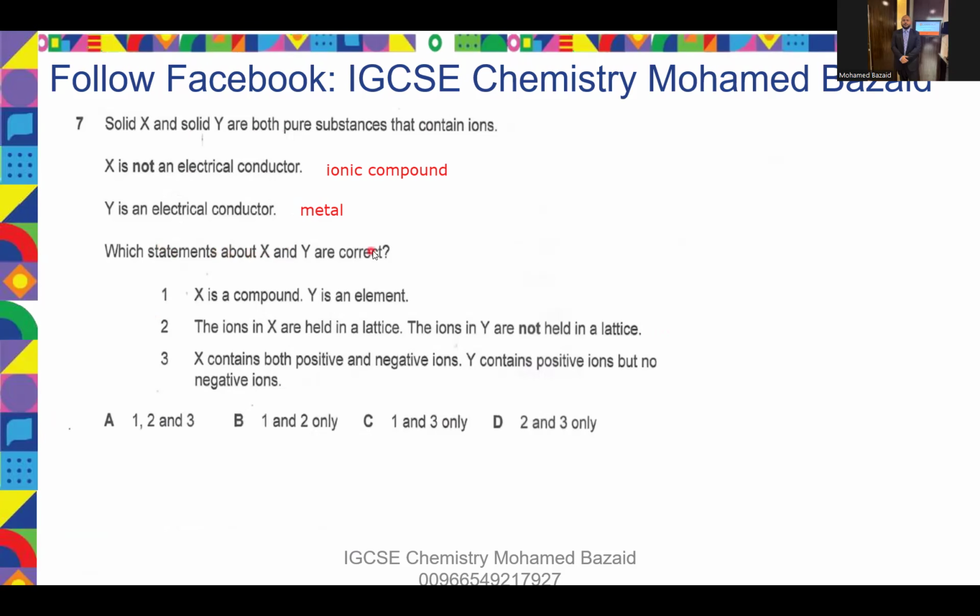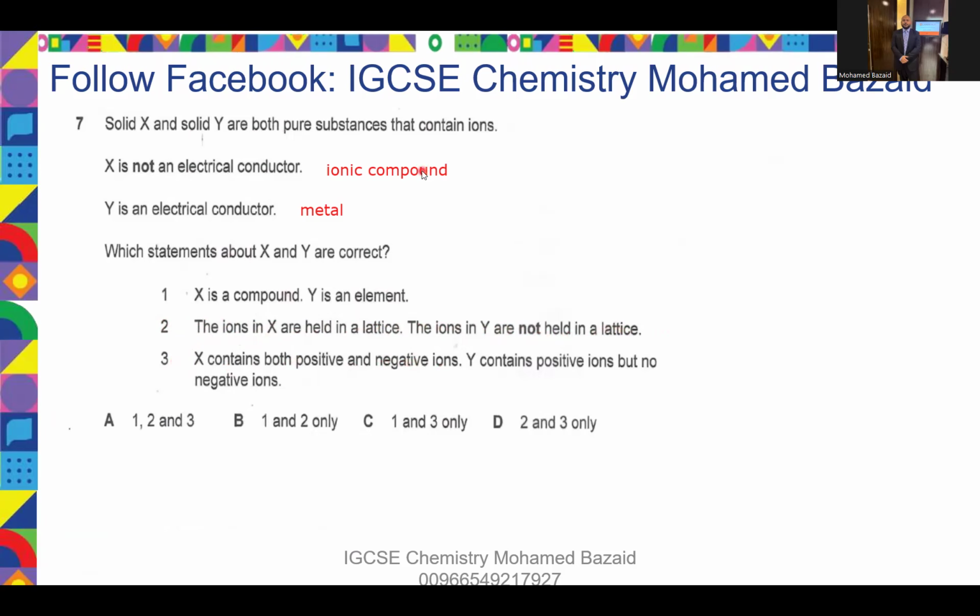Which statements about X and Y are correct? 1: X is a compound and Y is an element? Yes, this is true. 2: The ions in X are held in a lattice, the ions in Y are not held in a lattice. So number 2 is not correct. Number 3, X contains both positive and negative ions?